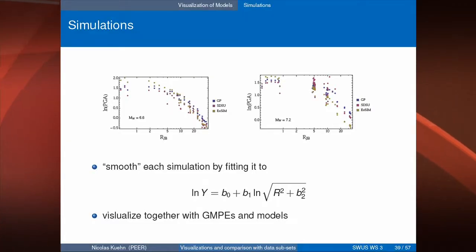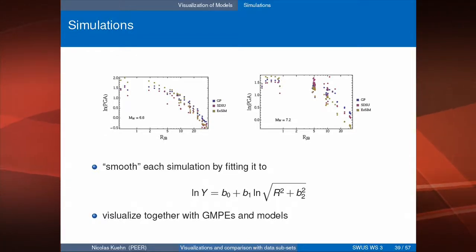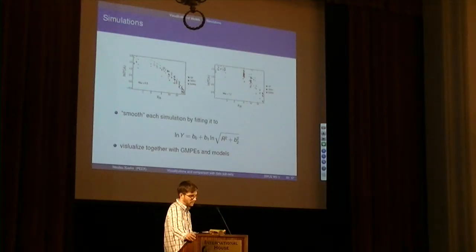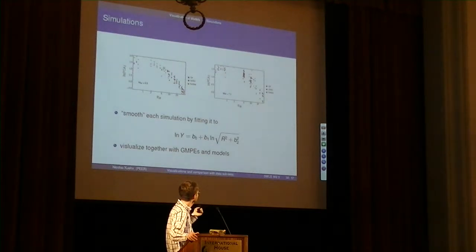Since these are jumping around a little and are not equally spaced in distance, I smoothed each simulation by fitting this functional form to each of the simulations individually, and for each of the magnitudes individually.